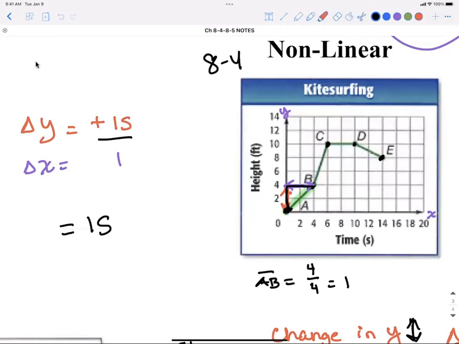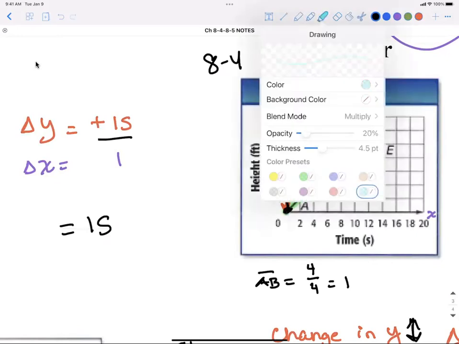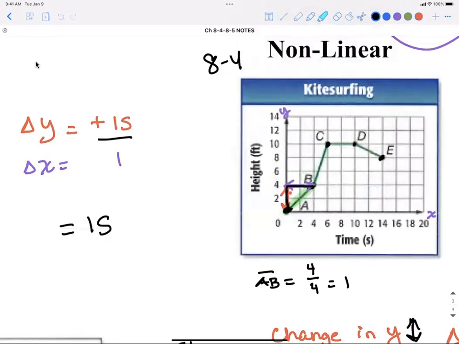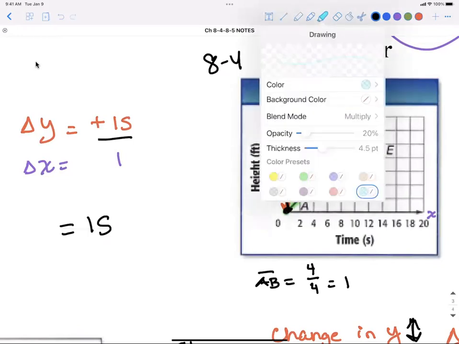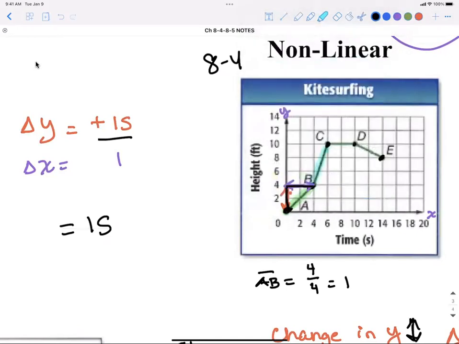Now what if we want to look at our slope for the section right here, this BC? It's not a very dark highlighter, is it? Let's make it darker. Here we go. This little section right here, BC. If we want to know the slope or the rate of change for this section BC, then we need to know the rise.